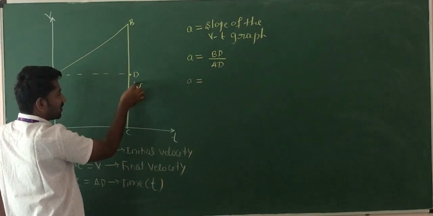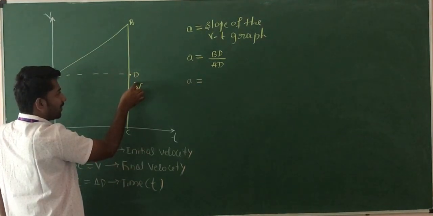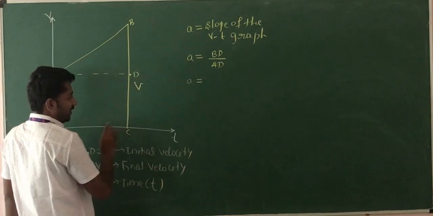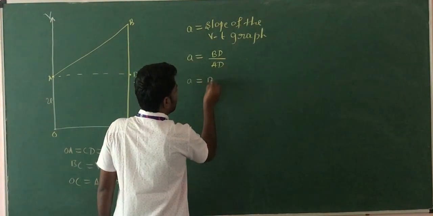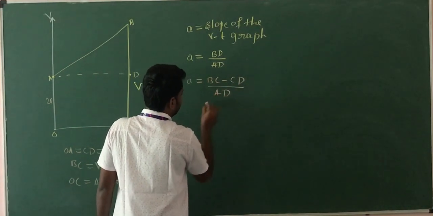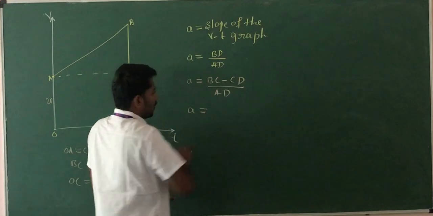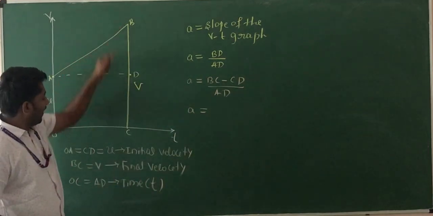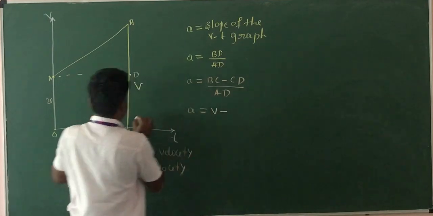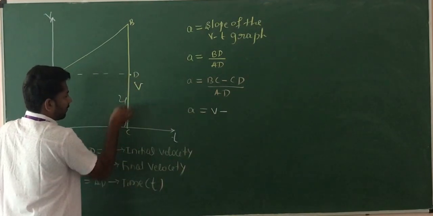How to find this distance BD? Here, this is BC minus CD. So a is equal to BC minus CD divided by AD. Now BC is v, minus CD, which is the initial velocity u.